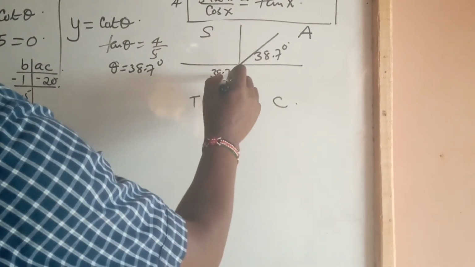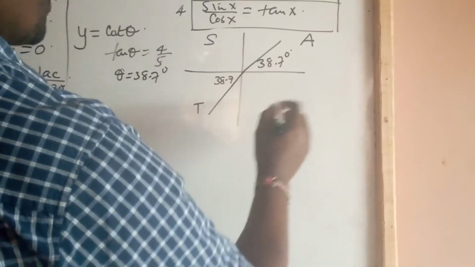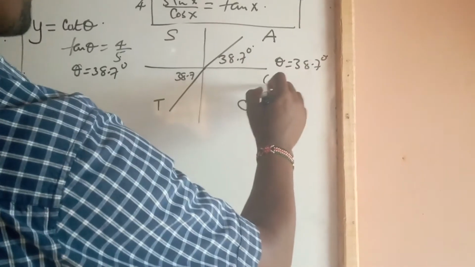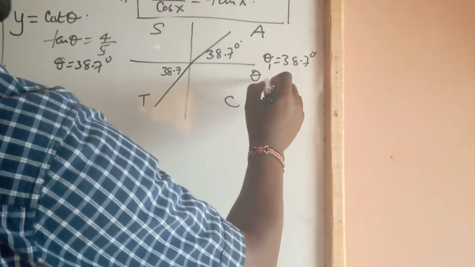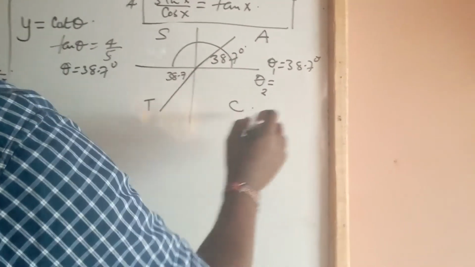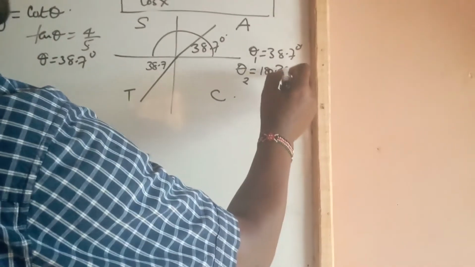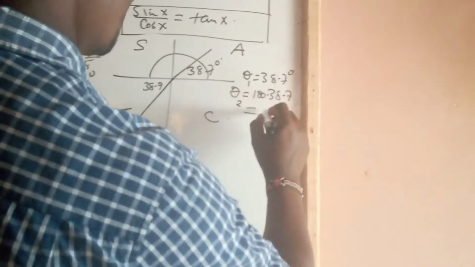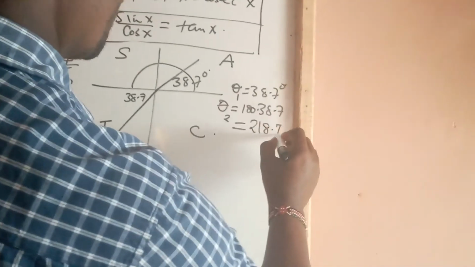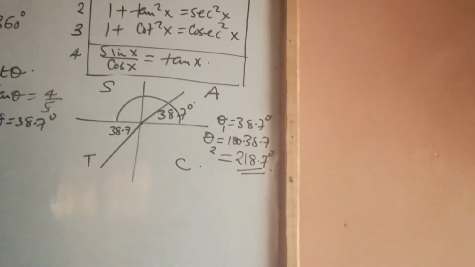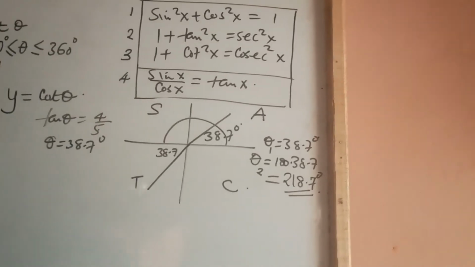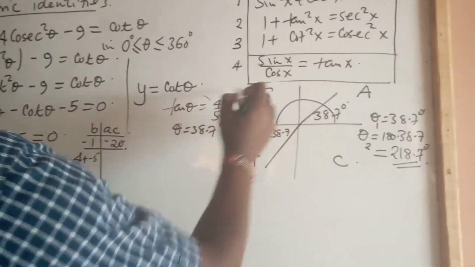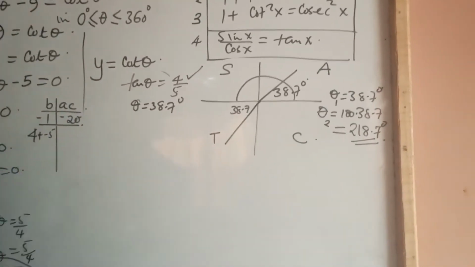So in this case, if this is true, then our theta is 38.7 degrees, and our theta, this could be theta 1, this could be theta 2, is 180 plus 38.7, which is going to give us 218.7 degrees. Let us just be sure of that. 218.7 degrees. And that is just when the tangent of theta is 4 over 5, or rather 0.8.